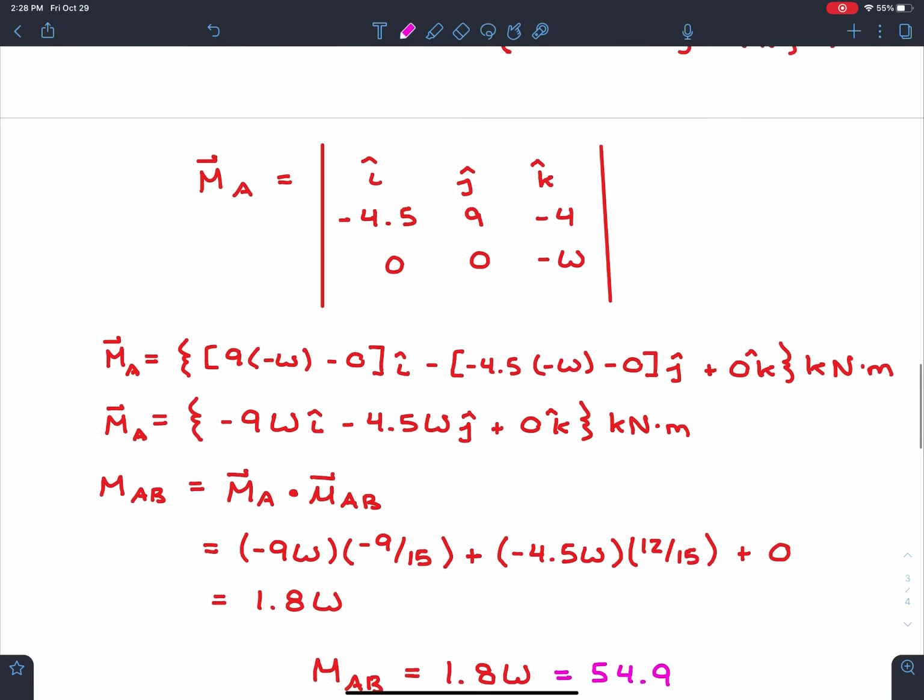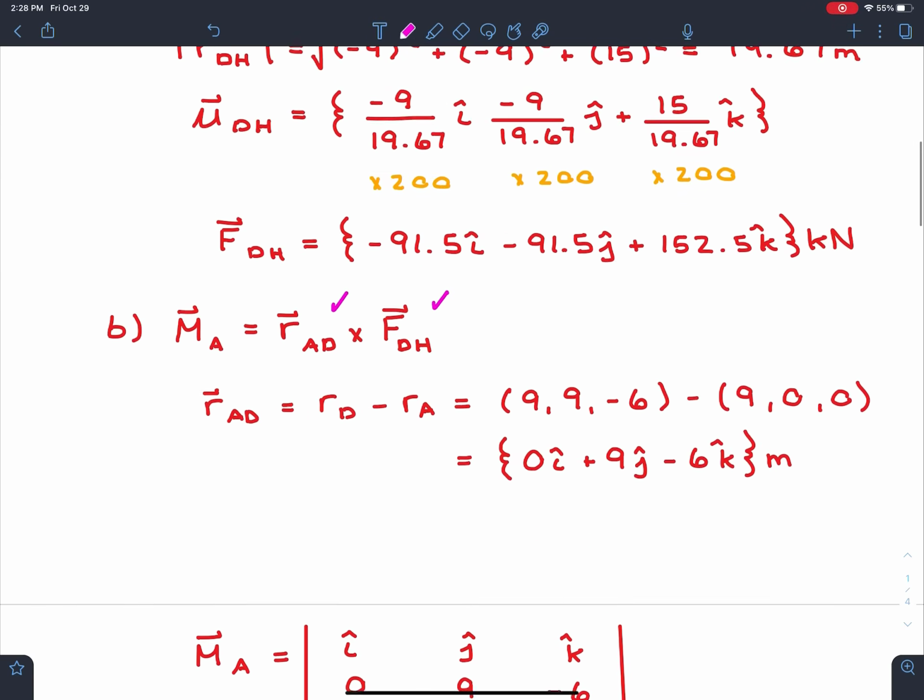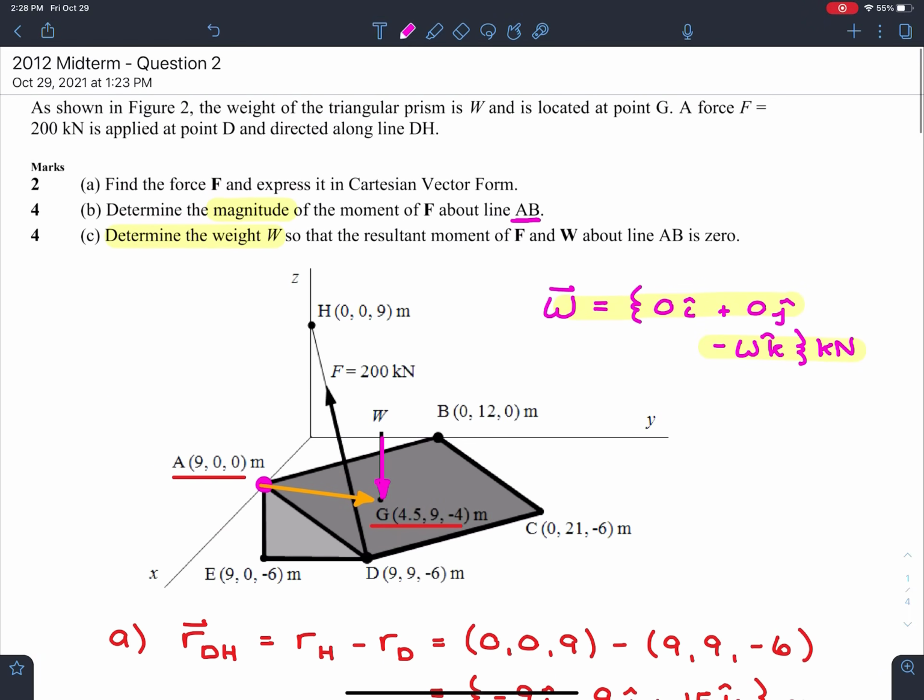The trick to part C, and this applies to a lot of different things that I'm going to mention, is that we have the cross product, but we don't know one of the components of the cross product. In this case, we didn't know the force vector. If you guys are ever in a situation where you do not know the components of one of the cross products, just keep them as parametric. Keep them as alpha, keep them as W, whatever, and always try and just move through the cross product.